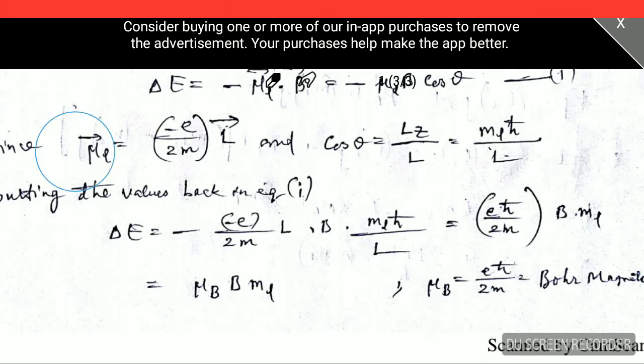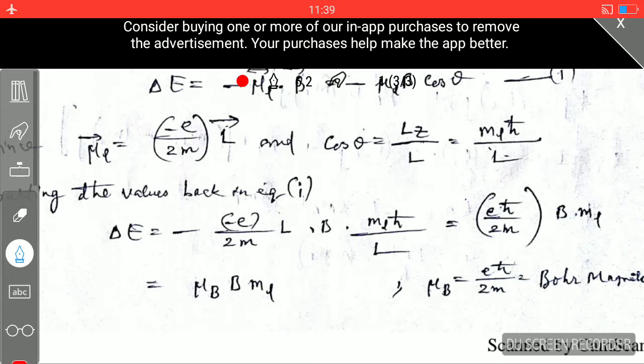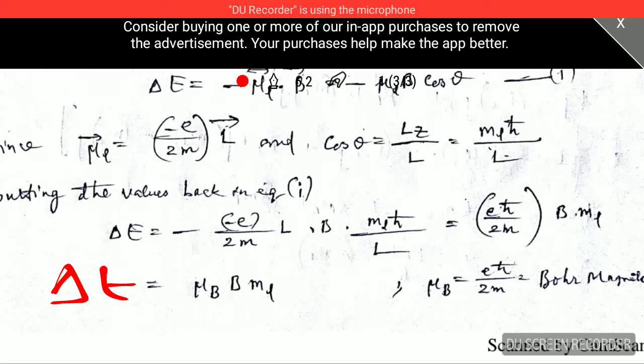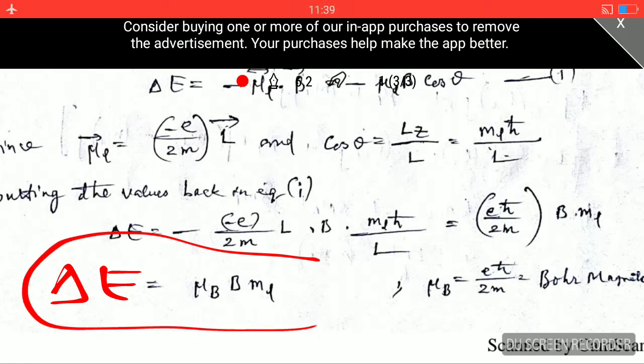So the interaction delta E finally is equal to this much, and this is our main point of interest. Let's see further.